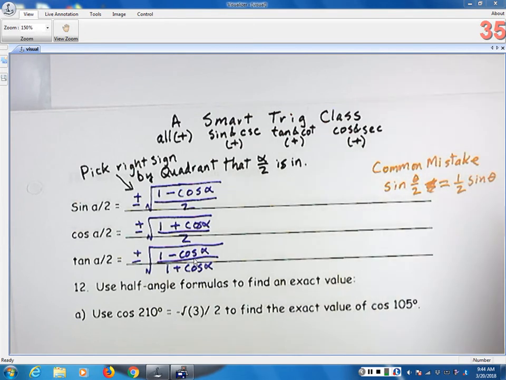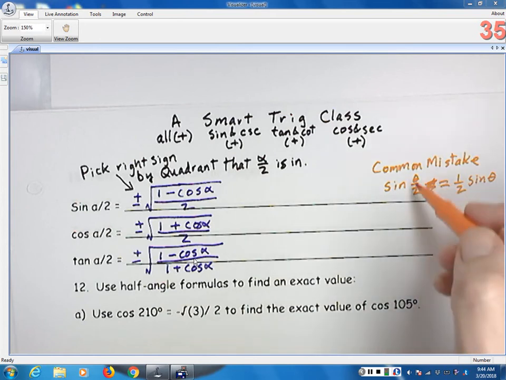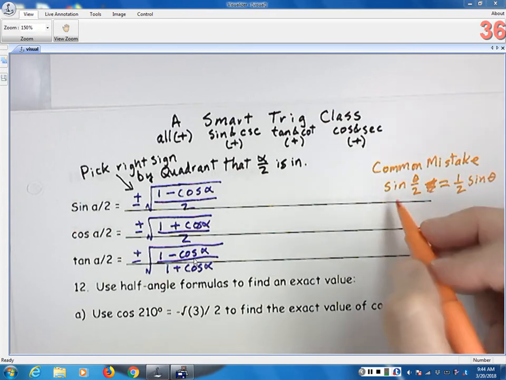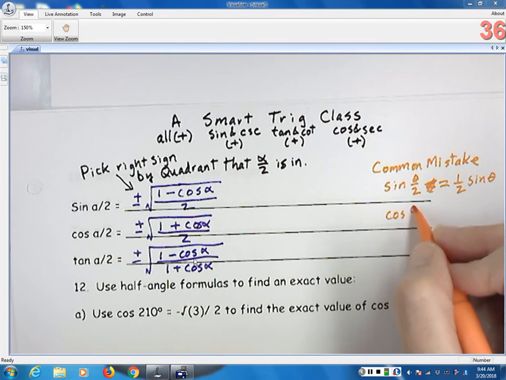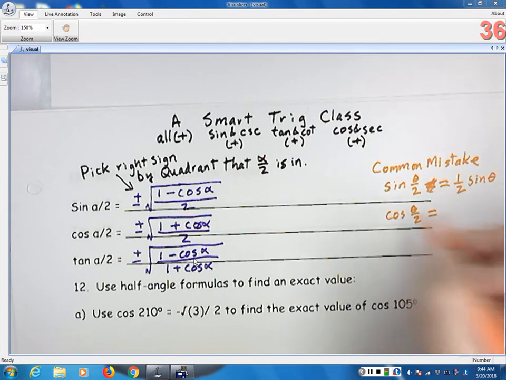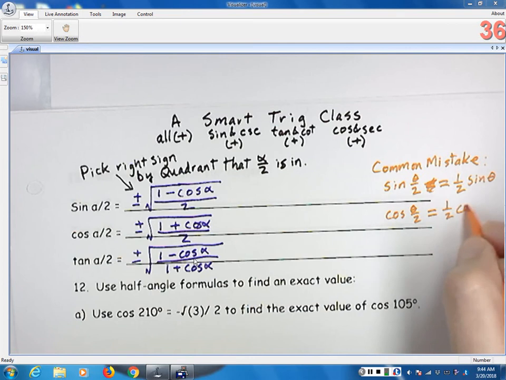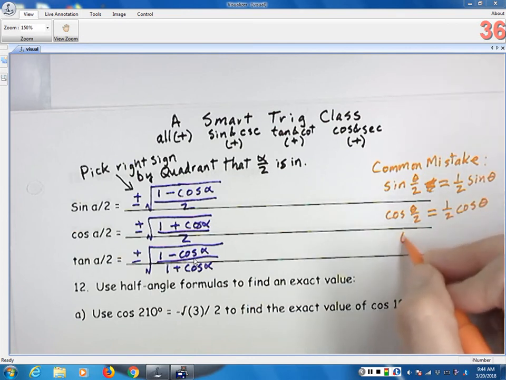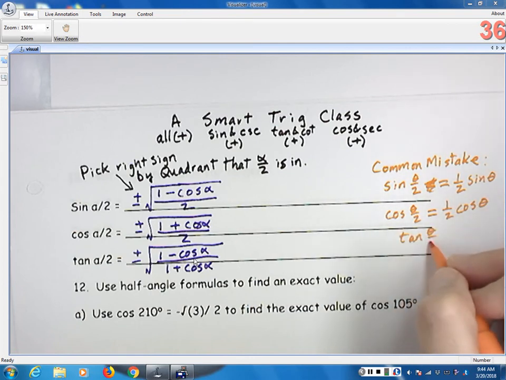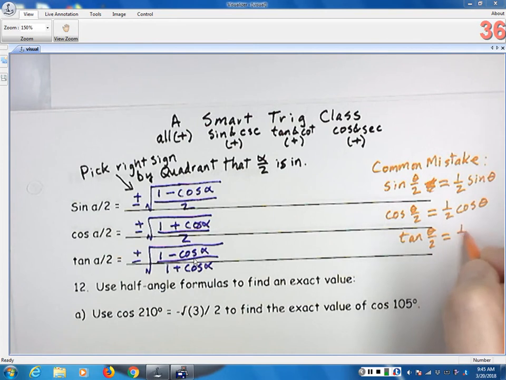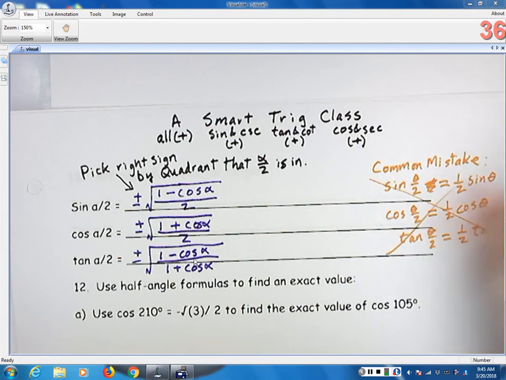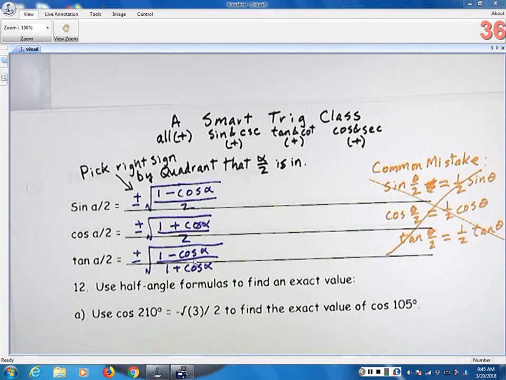That's not correct. The same goes for cosine of theta over 2: it's a common mistake to think that equals half of cosine theta. Or tangent of theta over 2 equals half of tangent theta. Don't do this. It's not correct. It's supposed to be these pictures.